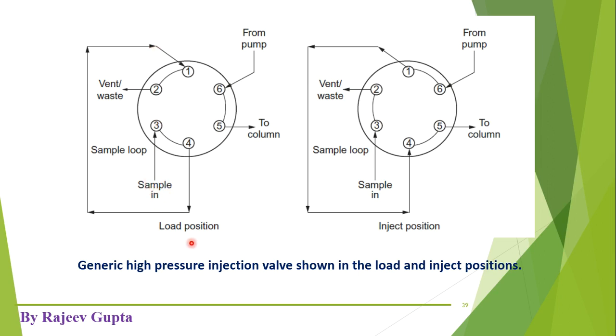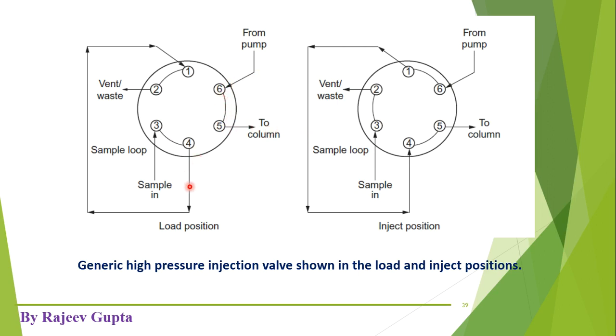Okay, so this is the loading of our sample inside this loop in this sample injection port. Now we can observe these 6 and 5 points. From point 6, the mobile phase stream is coming from the pumps with a high pressure, and this is flowing to the column, okay, and flowing to the detectors.